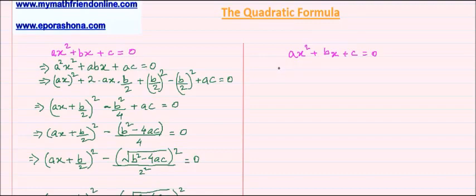So on dividing the entire equation by the coefficient of x square, we get x square plus b by a x plus c by a equal to 0. Okay.